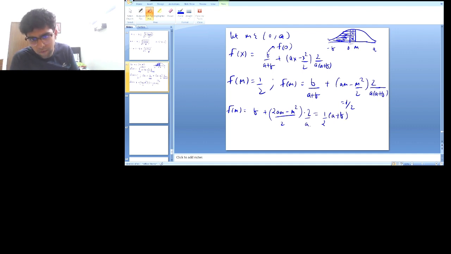right? And I have an a here, 2 and 2 goes away. This gives me 2b plus 4am minus 2m square is equal to a plus b into my a, and this will be this, I just multiplied a here and I take a to the RHS into a, right?